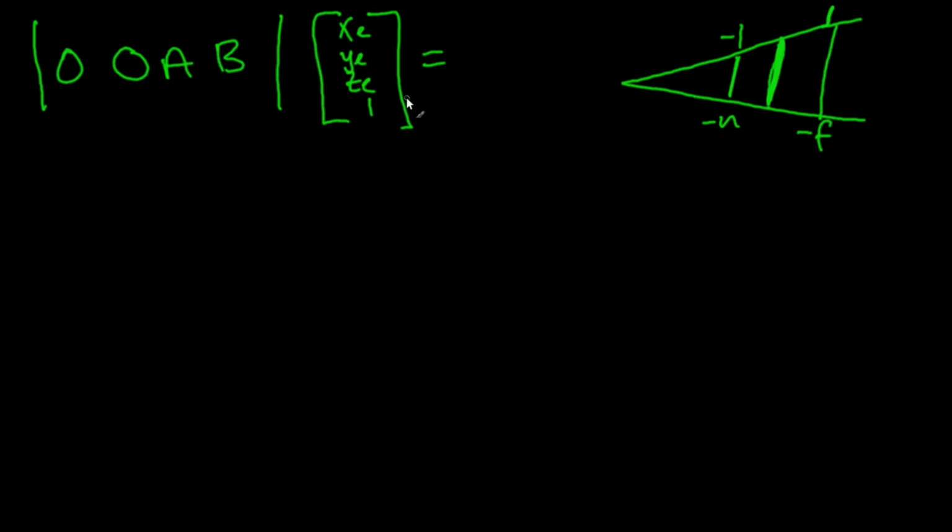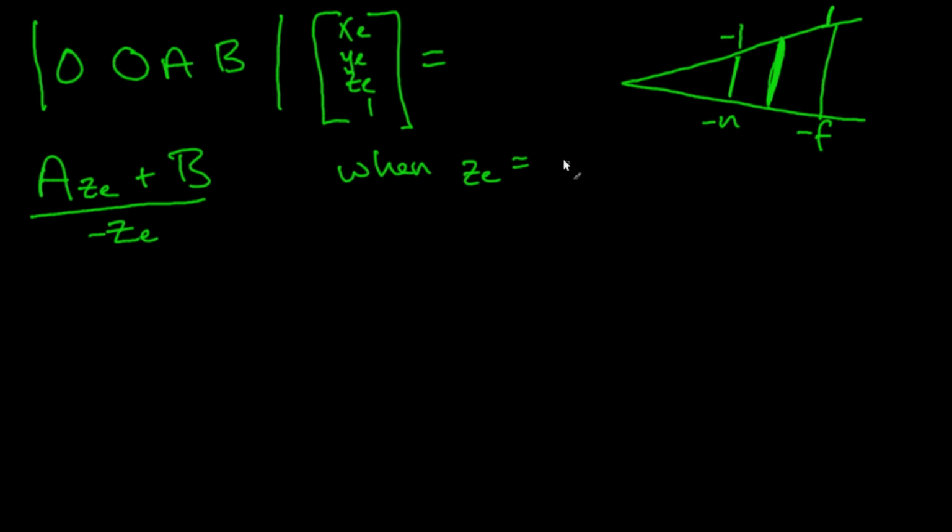Okay. Has that bought us anything? Yeah, it actually has. If we multiply out the dot product, we get A times ZE plus B times 1. That's the dot product operation, and then we do the perspective divide. So divide by negative ZE. When ZE is negative n, we want this whole expression to evaluate to negative 1.